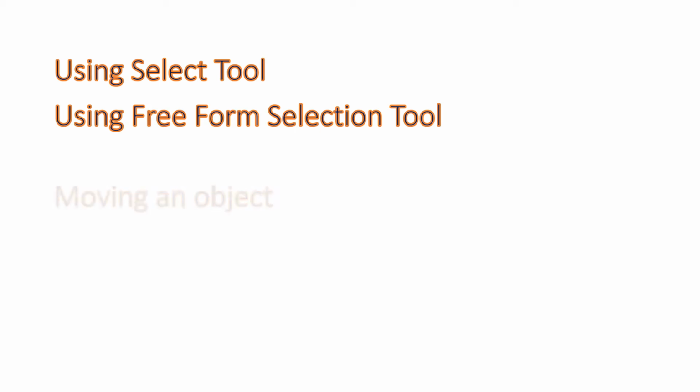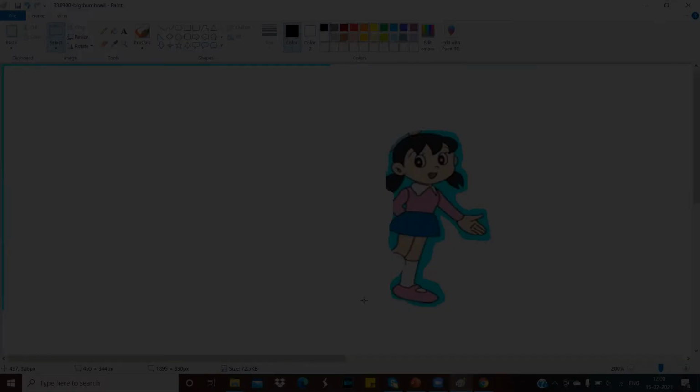The next topic is moving an object. In the same method that we did now, we can move this object to another place also. For that, first we have to select that particular object which we want to move. Select the selection tool. Left click and drag the mouse to do the selection. Then select the cut option.